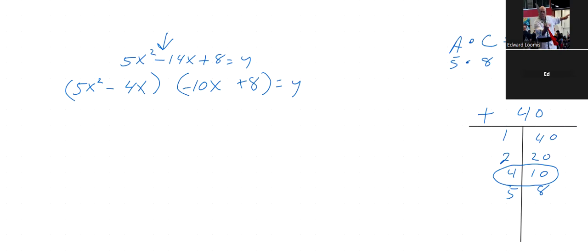Now, let's look at the first parenthesis. 5x squared minus 4x. There's no numbers that go into 5 and 4 evenly except 1, and that doesn't change anything. We don't need that. But I can pull out an x from both of these. 5x squared divided by x is going to give me 5x by itself. 4x divided by x, that's just going to give me 4.